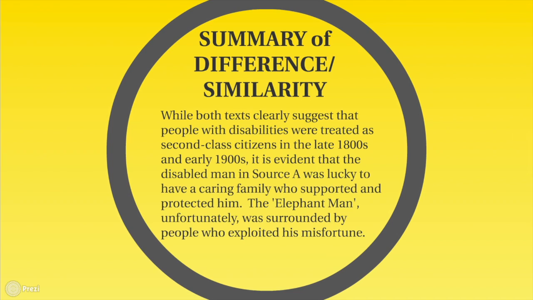The elephant man, unfortunately, was surrounded by people who exploited his misfortune. So that is the difference between how the elephant man and how the other person is treated. So that's the summary of difference comes at the very end of that paragraph.